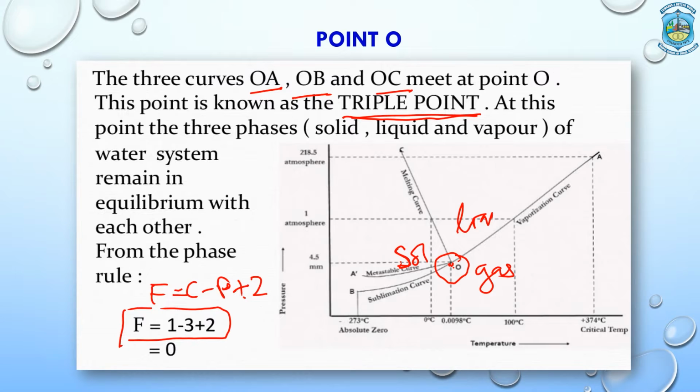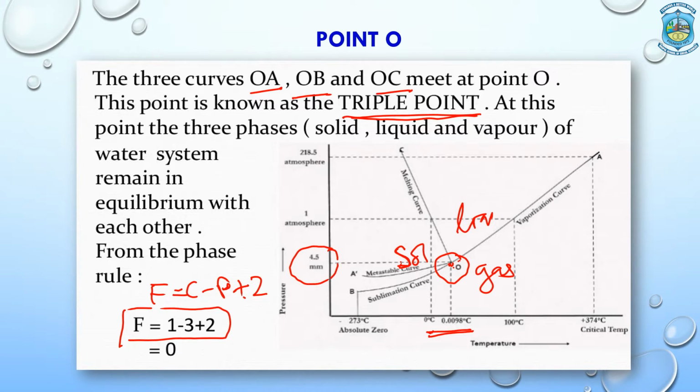They will coexist only when the temperature is 0.0098 degree Celsius and the pressure is 4.5 mm of mercury. So, if this specific temperature and pressure condition is maintained, only then is it possible to see all the 3 states of water coexisting together.